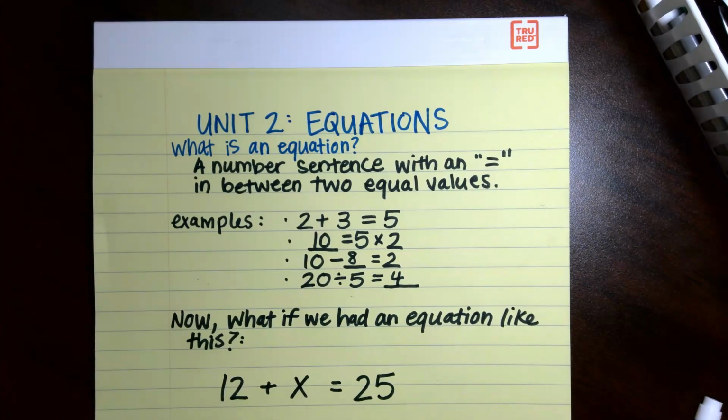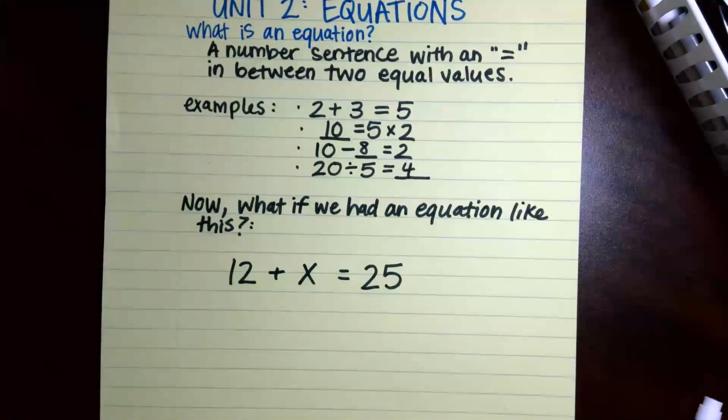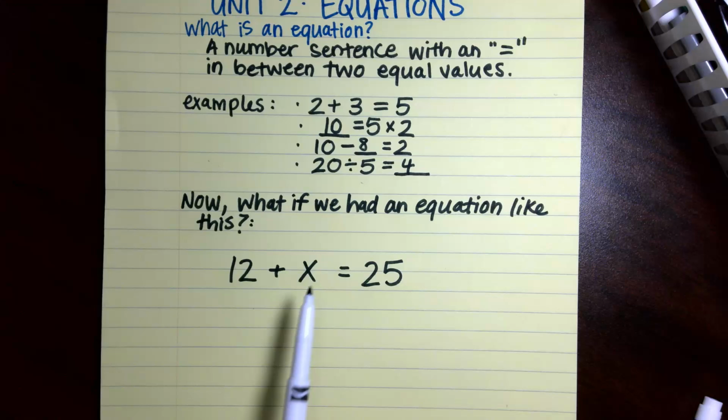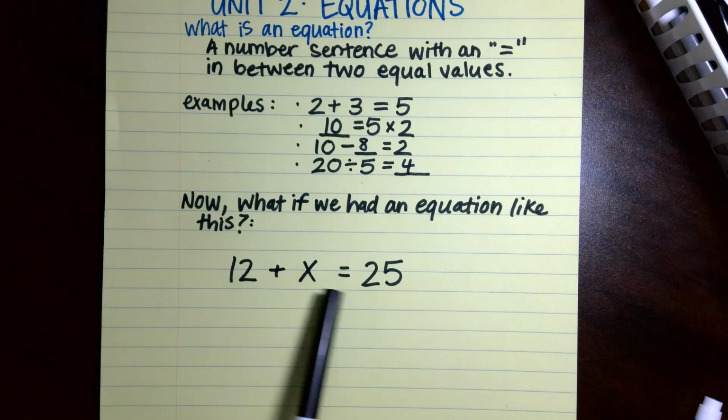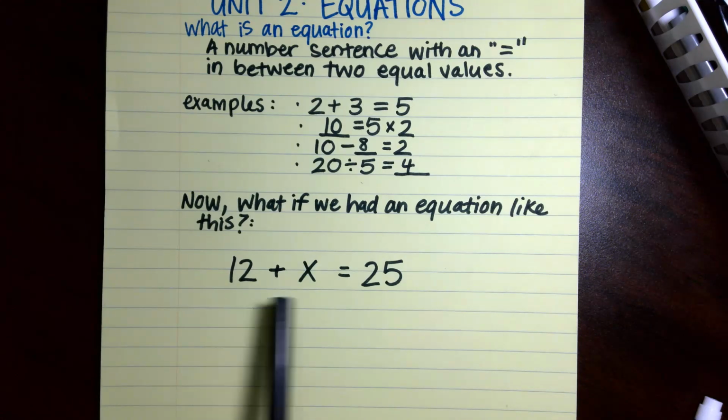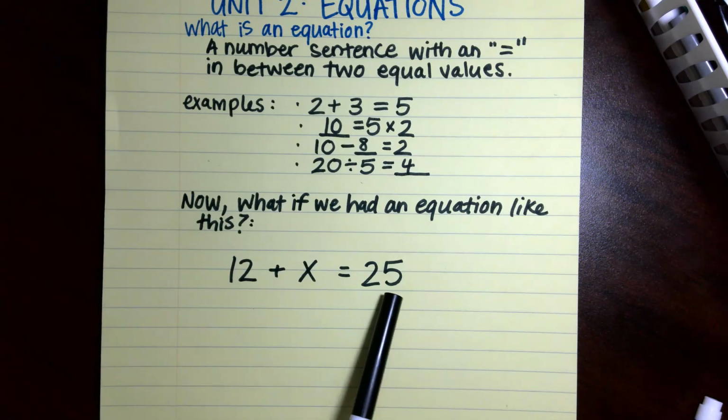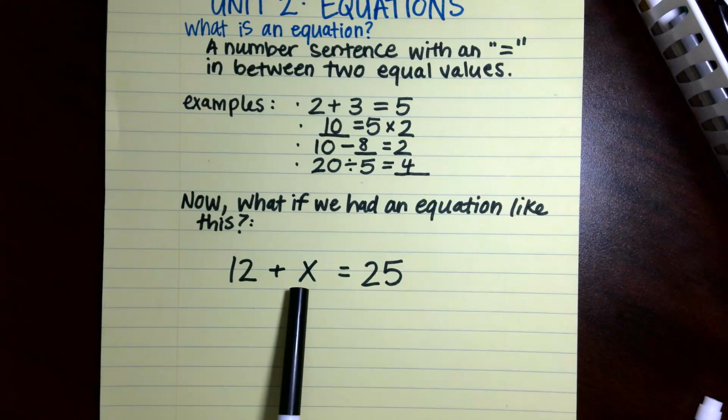First off, what do we know about this x here? Well, we know that if we were going to name it, it's 1x. So if I said that x was 1, let's see if that would be a true statement. 12 plus 1, is that equal to 25? No, it's not. So 13. It is 13.